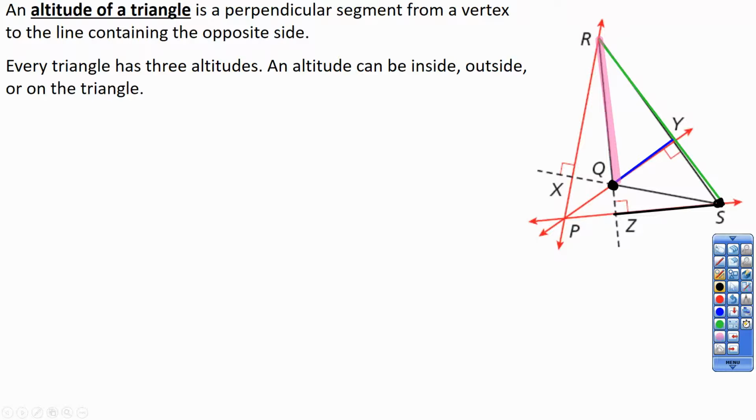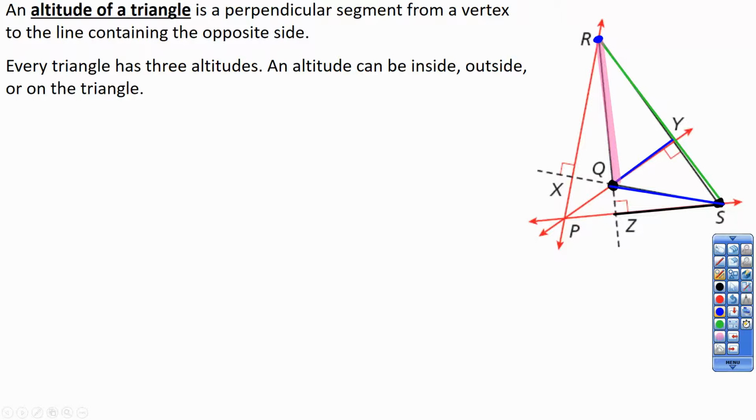So the altitude to RS is perpendicular to RS, passing through point Q. And we have one more point that we need to pass through, which is R. So that line needs to be perpendicular to QS.